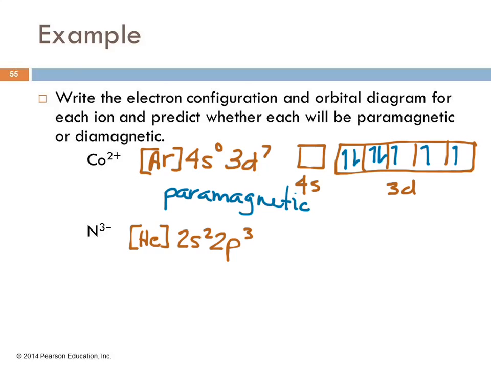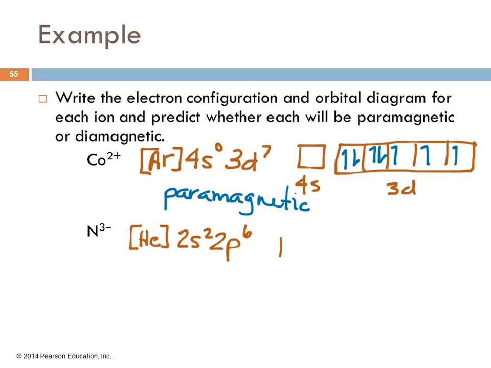Back to nitrogen. So this is the configuration for nitrogen, but this is nitride ion. So 3-, do we subtract 3 or add 3? We add 3. So this isn't p3, it's p6.